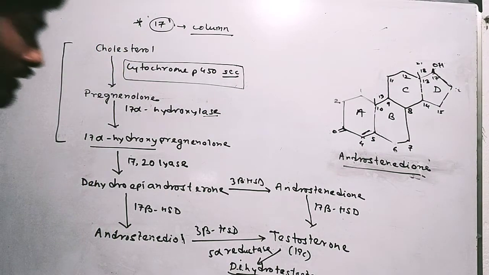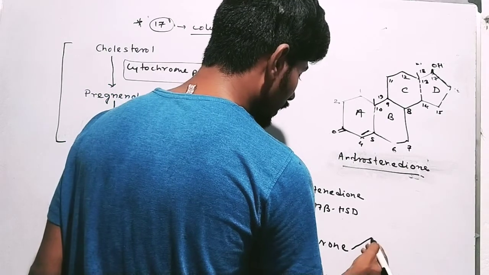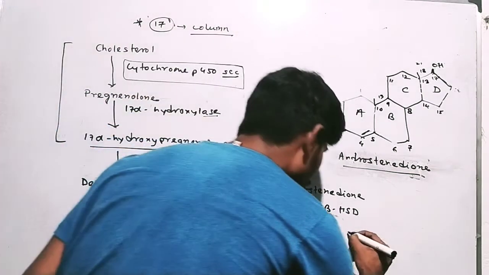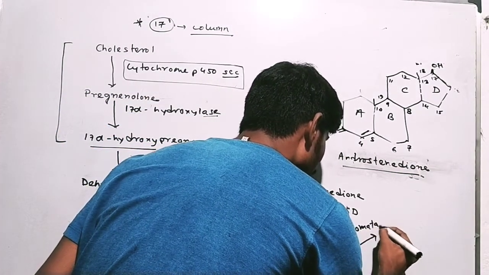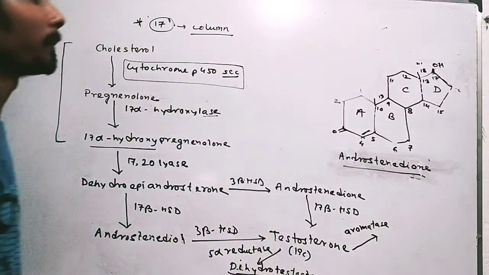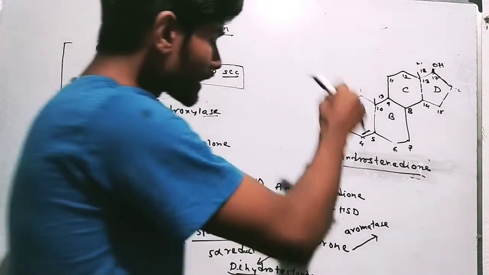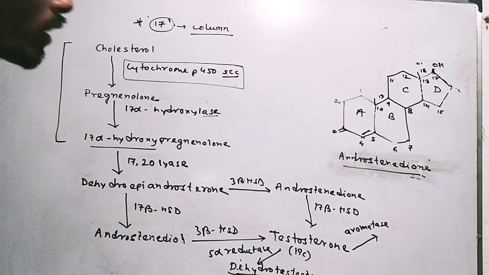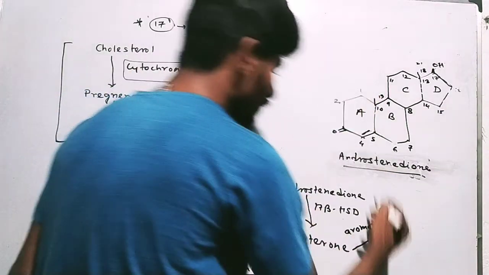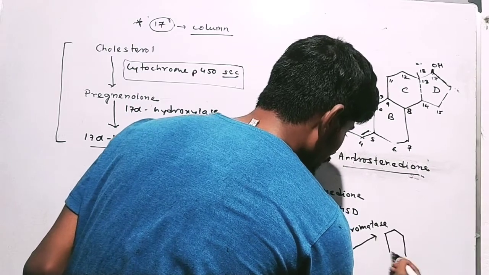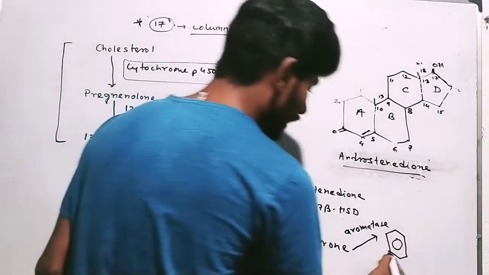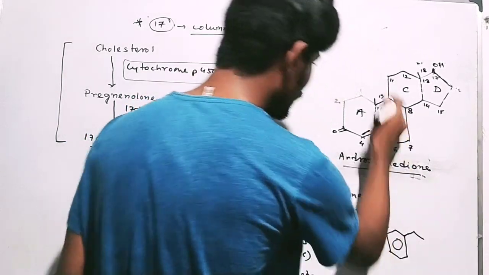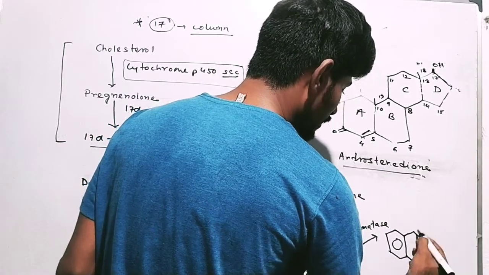Okay, now this testosterone can be converted to the estrogens, by an enzyme which is called aromatase, which actually introduces an aromatic ring in the molecule of testosterone. So basically this is now testosterone, and now you are introducing an aromatic ring here. So this is the aromatic ring, you can see, and all the things like before, but the 19 carbon is not present here.